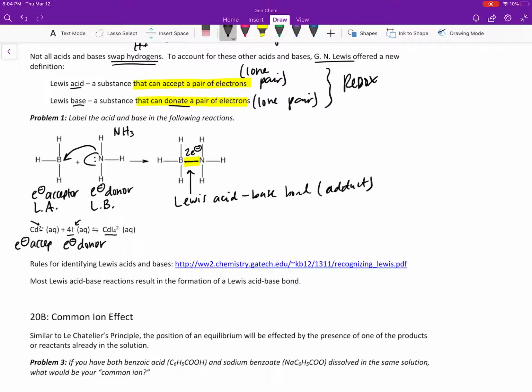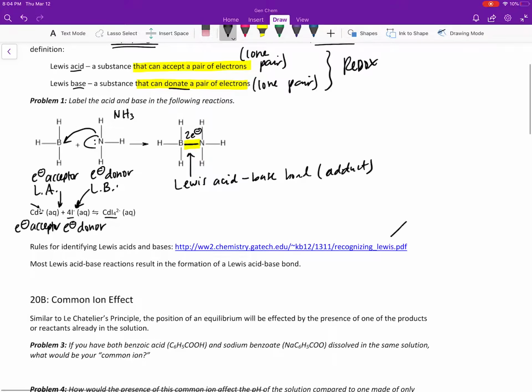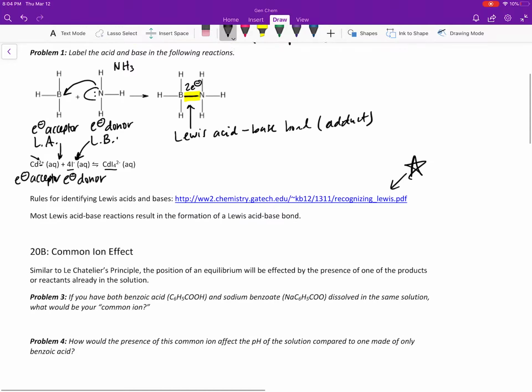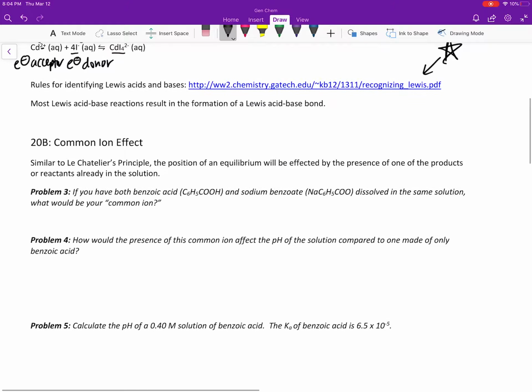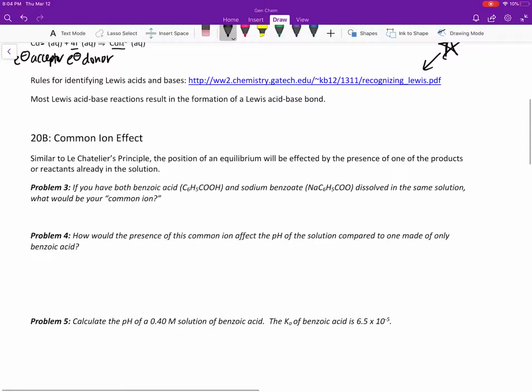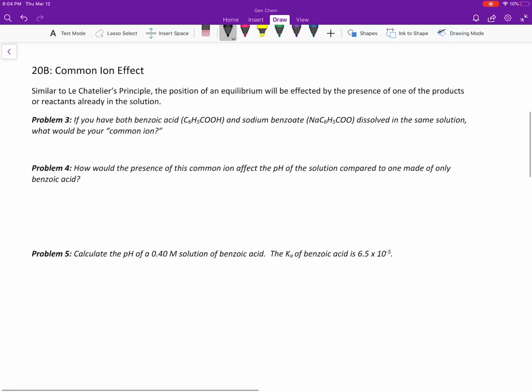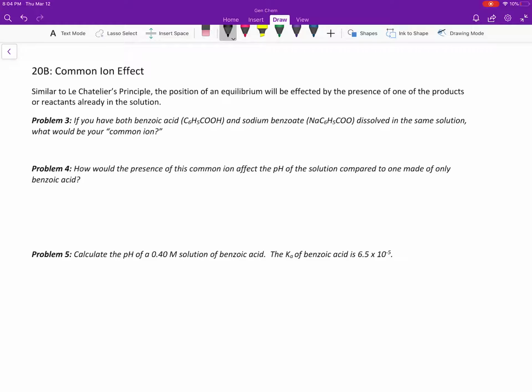So we call that the electron acceptor, which makes it the Lewis acid and makes the iodide the Lewis base. There is this website right here. If you would like more information about identifying it, I suggest you use this PDF through Georgia Tech to look at more examples.